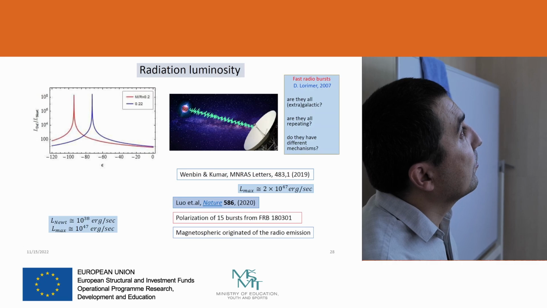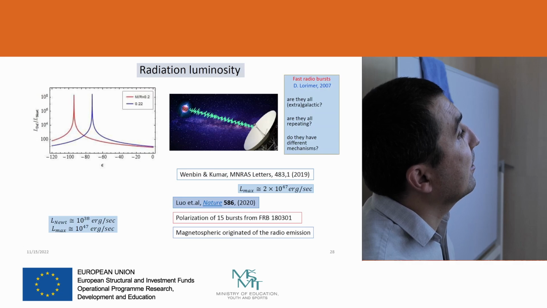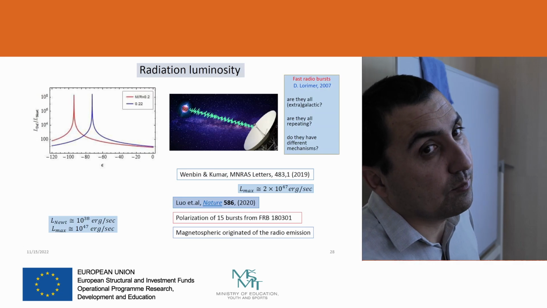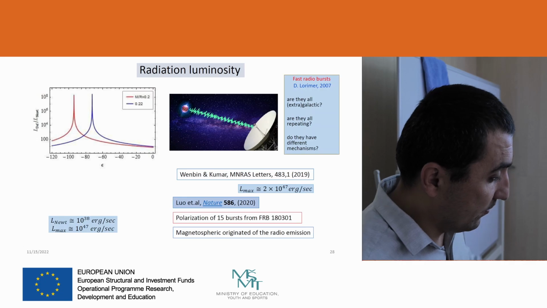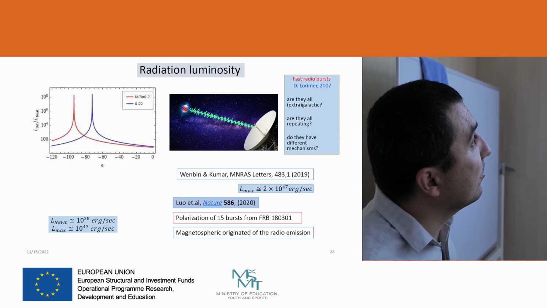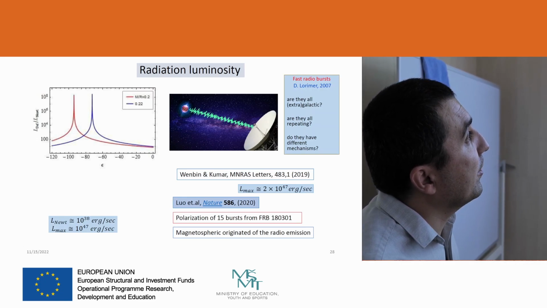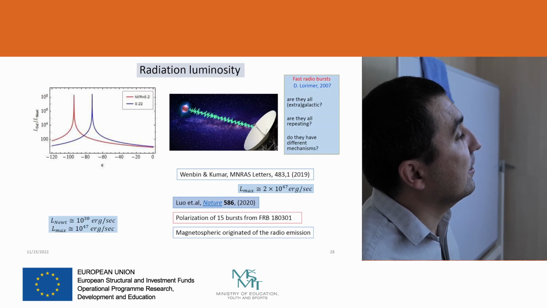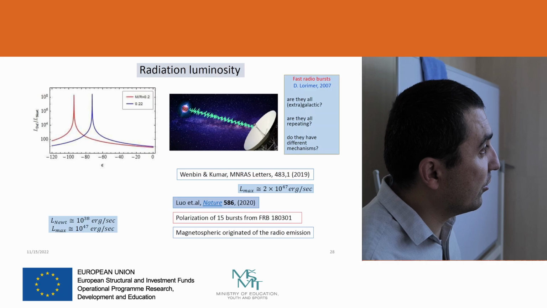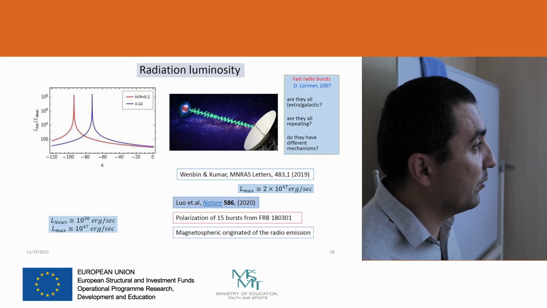So numerical calculations show that this maximum is about 10 billion times more than the typical value. So for the spherical case, we estimated in the Newtonian limit this luminosity in previous calculations.